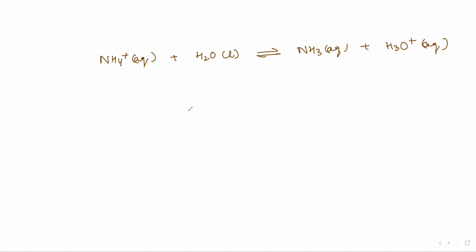So if you see here, there was NH4 positive, which had 4 protons, and now it has changed to NH3, which has just 3 protons. So there is loss of a proton, so this will act as an acid. And here water is gaining a proton and will act as a base. Water is gaining the proton and changing into hydronium ion, and NH4 positive is losing a proton and changing into NH3.